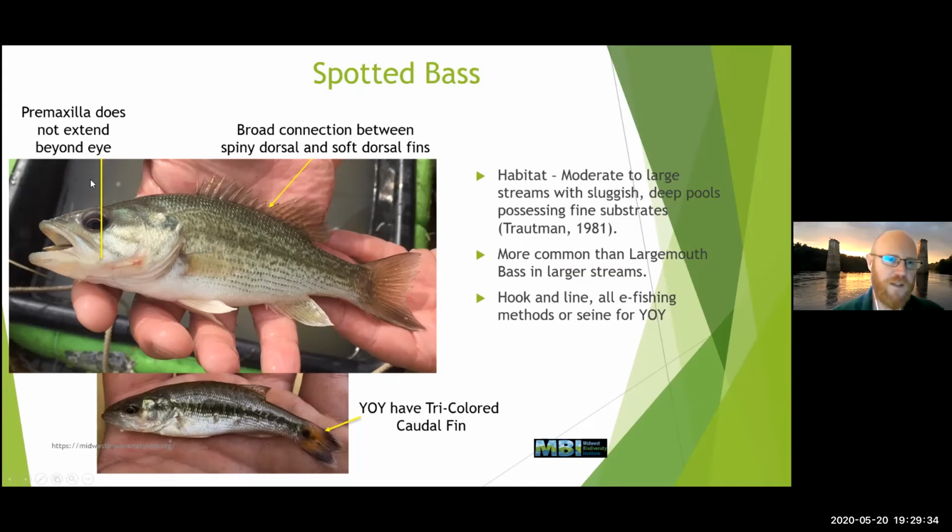And then the premaxilla does not go past the eye. It generally stays right behind the middle of it. Moderate to large streams, sluggish pools, finer substrates. In nicer systems, they are more common than largemouth bass. Obviously, hook and line, electrofishing, and possibly seining for young of year in the shallower areas.